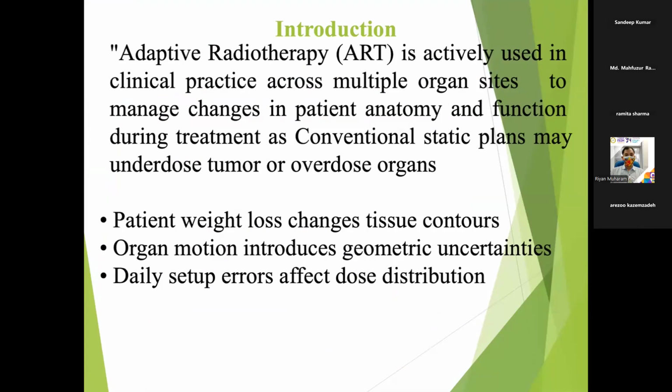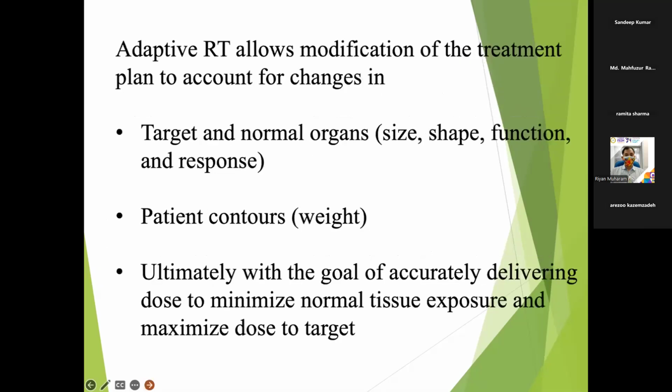This might be due to patient weight loss, organ motion, which introduces geometric uncertainties, and daily setup errors that affect the dose distributions. So adaptive RT allows modification of the treatment plan to account for changes in target and normal organs, maybe size, shape, function, and response.